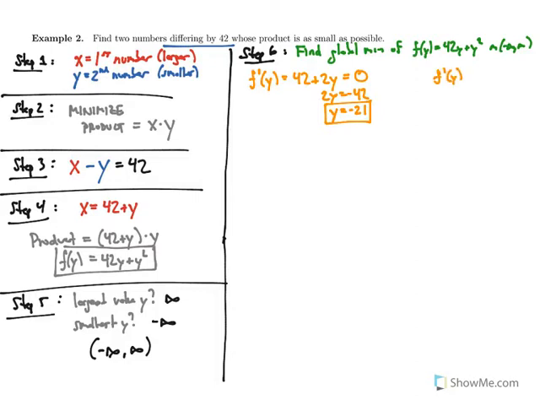When does the derivative not exist? There's no points, nothing to consider here. So we have one critical point, and it might be tempting to just say that's our answer. When y equals negative 21, that's going to be where we have a global min. But we do need to check whether that is a global min.